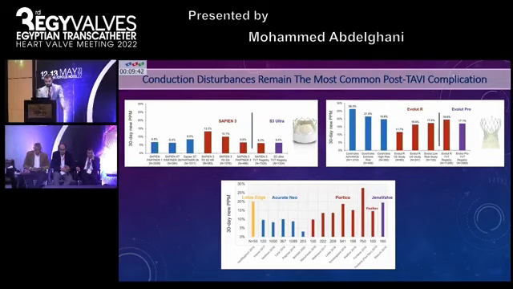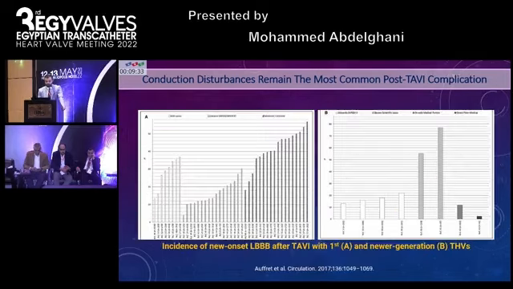Probably Accurate neo may be associated with a lower rate, as well as the later series of the Sapien 3 and Sapien 3 Ultra. The same applies to new-onset left bundle branch block. So it's not only the requirement for a new permanent pacemaker, but also the development of new left bundle branch block, which remains quite common.